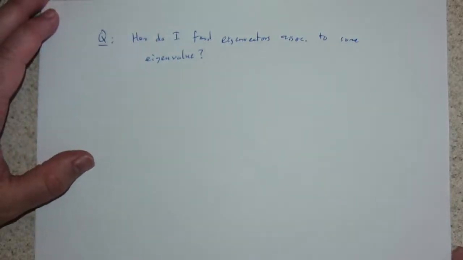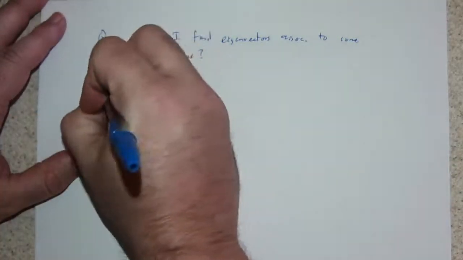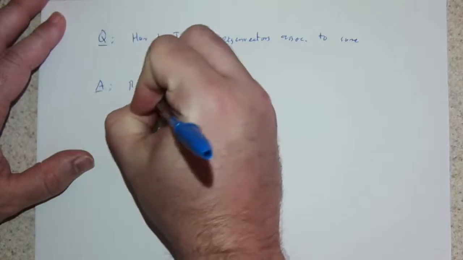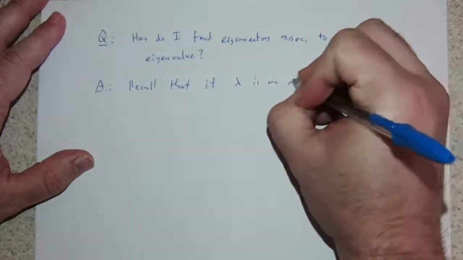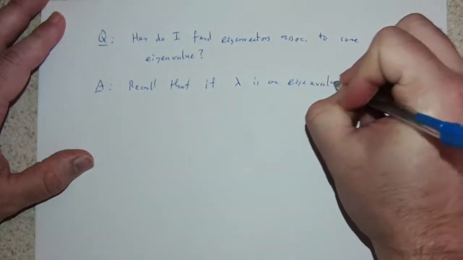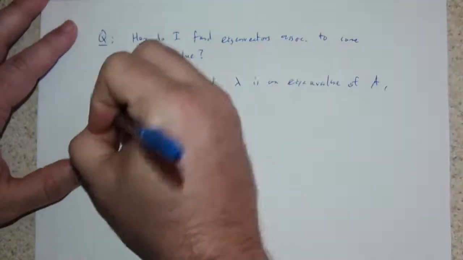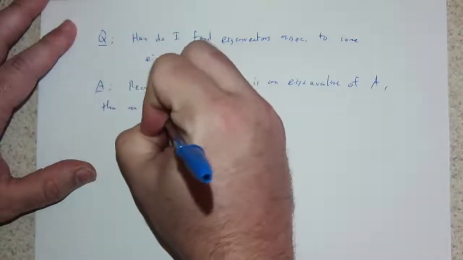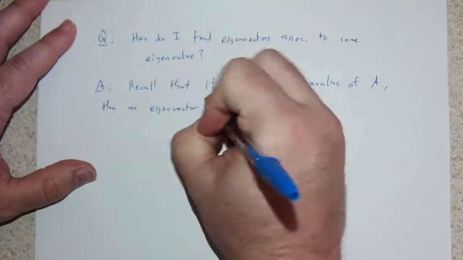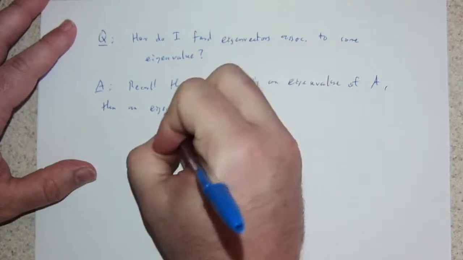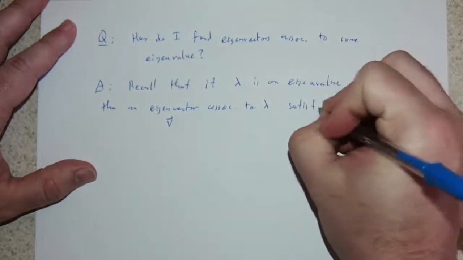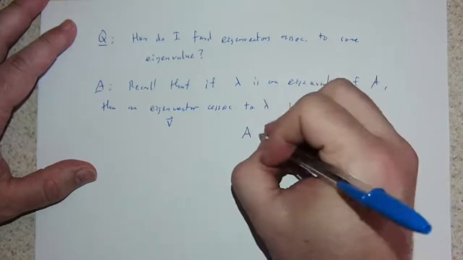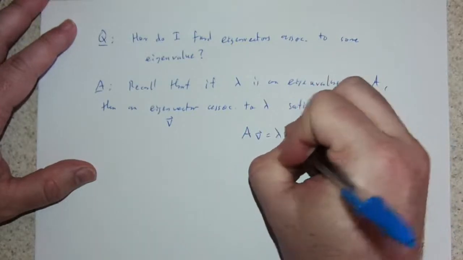Well, to see that, let's recall that if lambda is an eigenvalue of A, then an eigenvector, we'll call it V, associated to lambda satisfies AV is equal to lambda V.